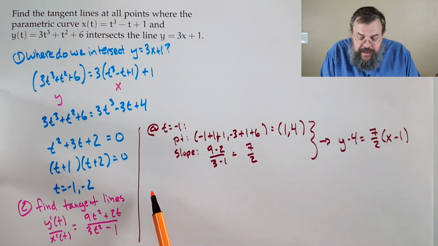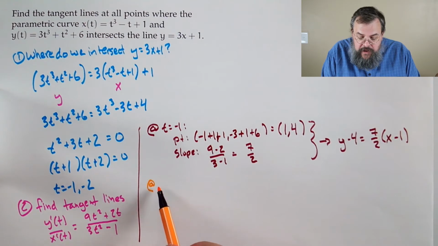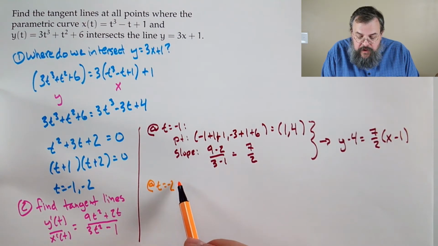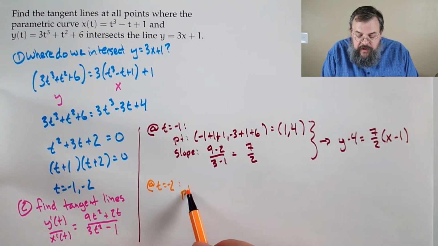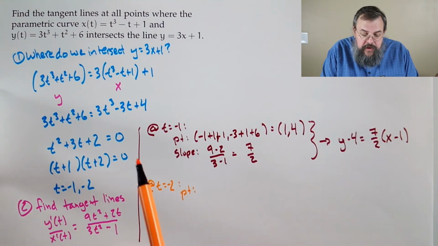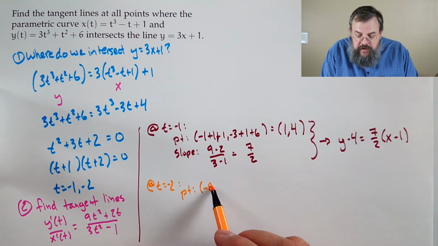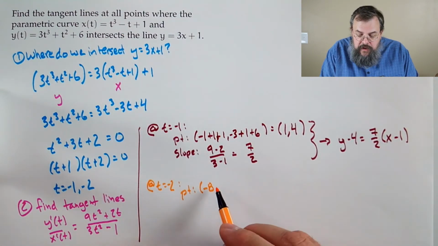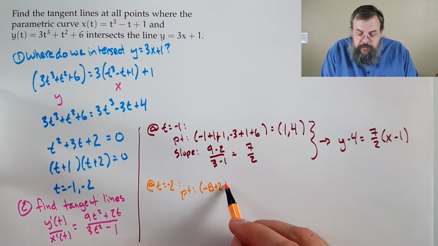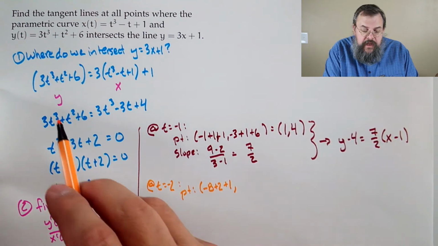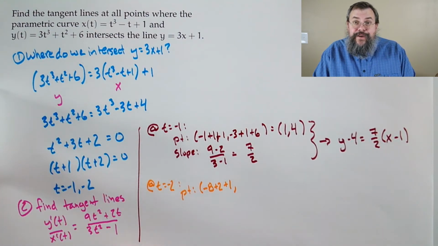Okay, how about at -2? Well, what's our point? -2 cubed is -8, minus -2 plus 2, and then plus 1 more, comma, 3 times -2 cubed.